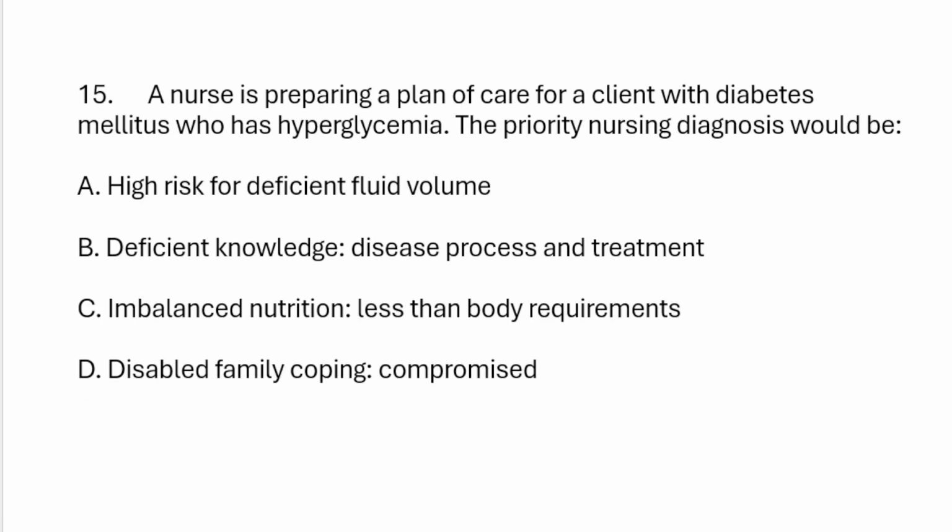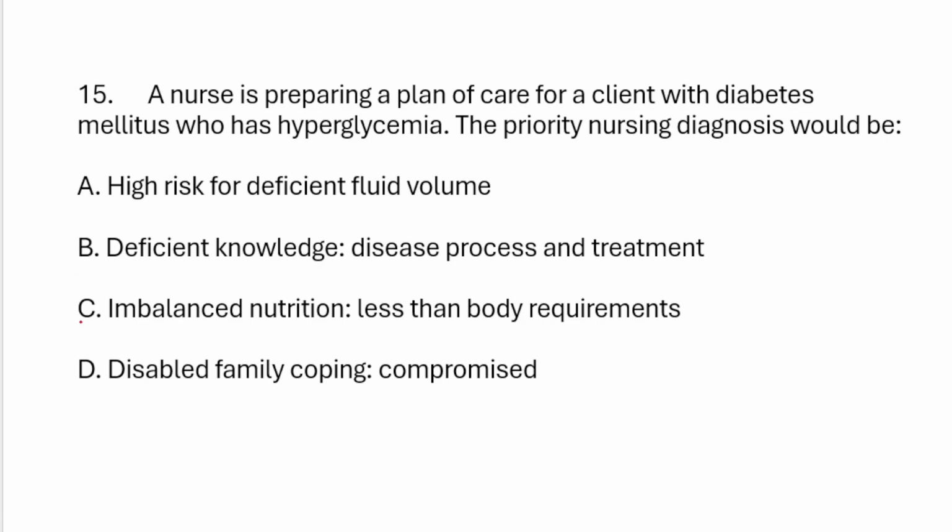Next question. A nurse is preparing a plan of care for a client with diabetes mellitus who has hyperglycemia. What is the priority nursing diagnosis for this patient? A. High risk for deficient fluid volume. B. Knowledge deficit regarding disease process and treatment.